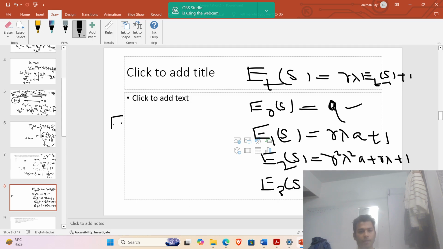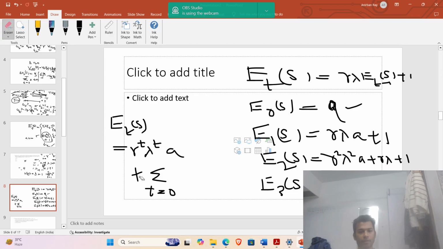Similarly we can write E_t(s) as gamma^t lambda^t A, plus, as you can see, this sums up to the end, so this becomes summation from k equals 0, which will give 1 here, to t minus 1, of (gamma lambda)^k.